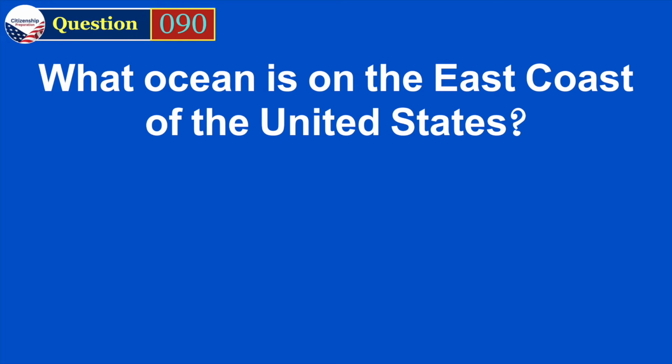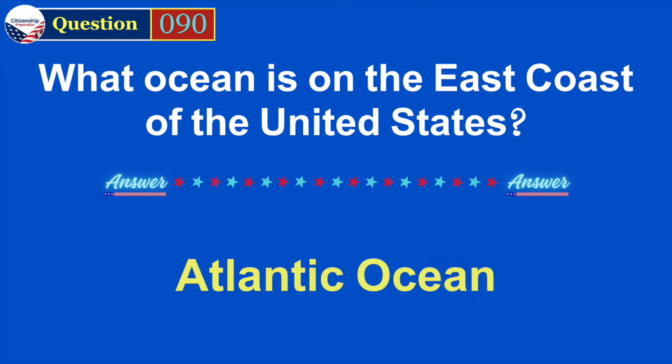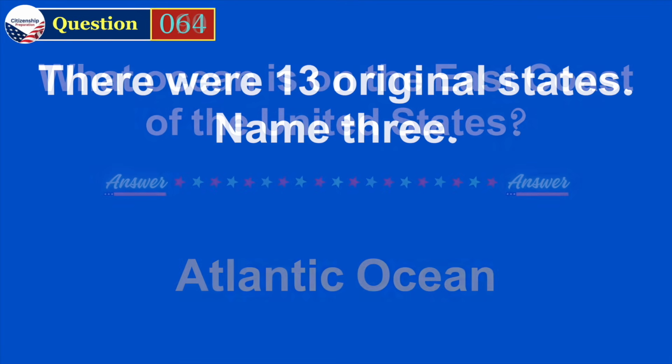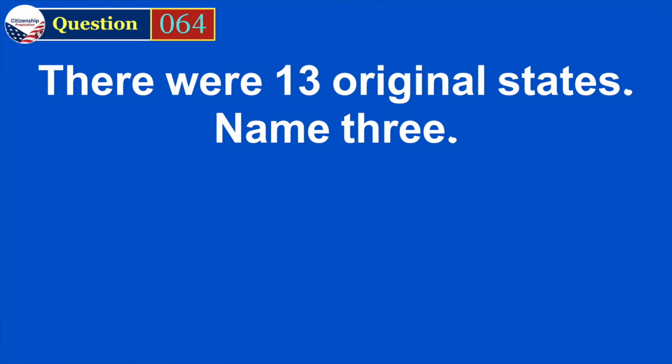What ocean is on the east coast of the United States? Atlantic Ocean. There were 13 original states. Name 3.